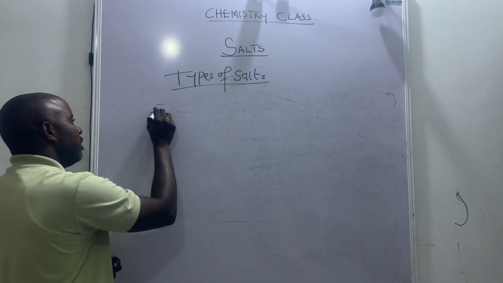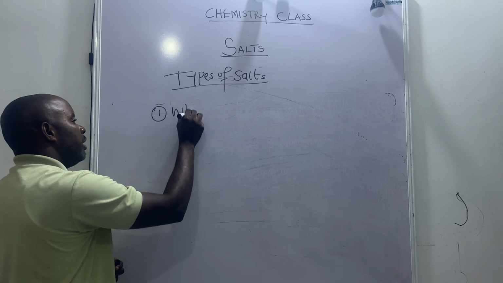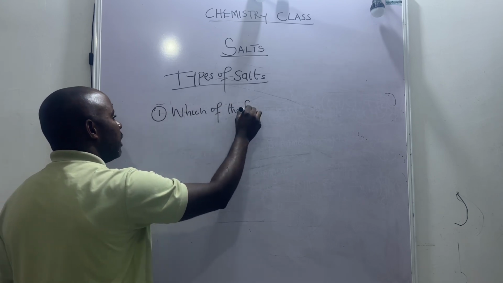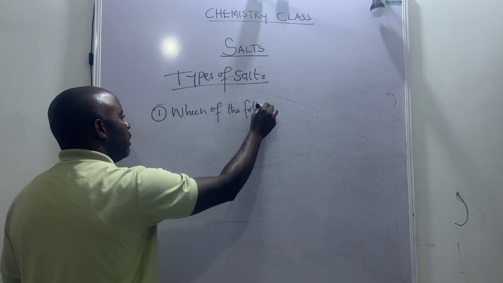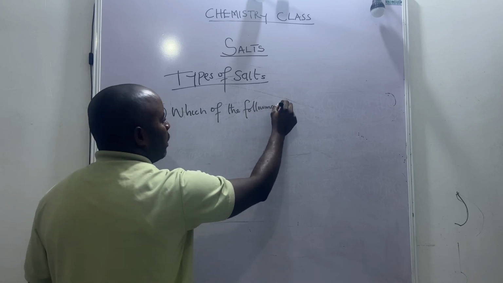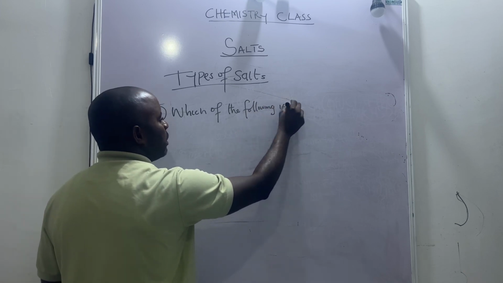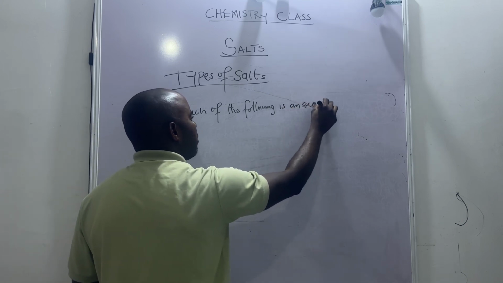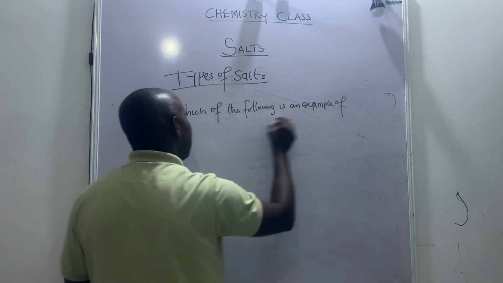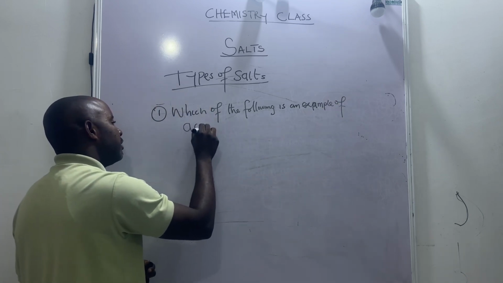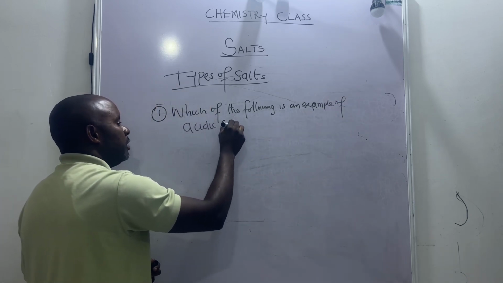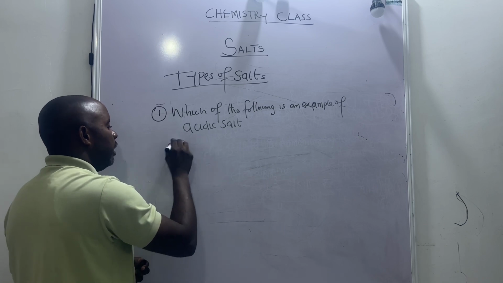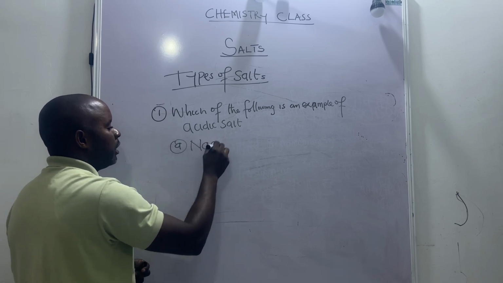A very good example: which of the following is an example of an acidic salt? A, sodium chloride.